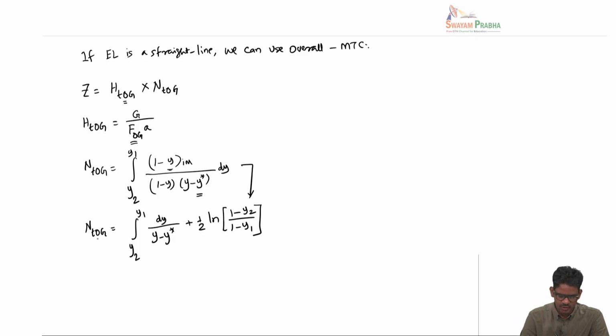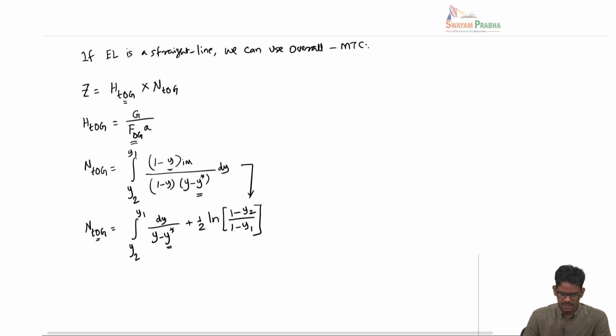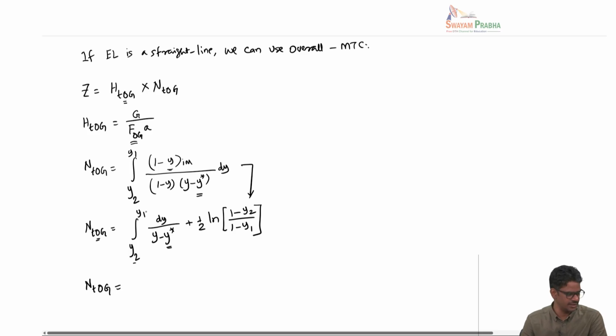So in here you can note that I am again writing for overall coefficient, overall NTU, using the overall driving force y minus y star, and you can also write this expression in terms of mole ratios. So here everything is in mole fractions. You can write this into mole ratios with capital Y's.